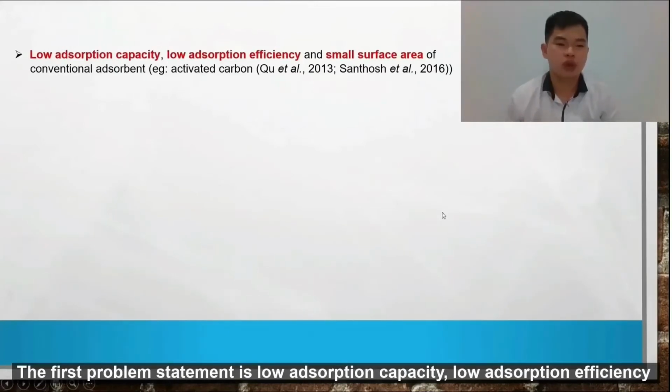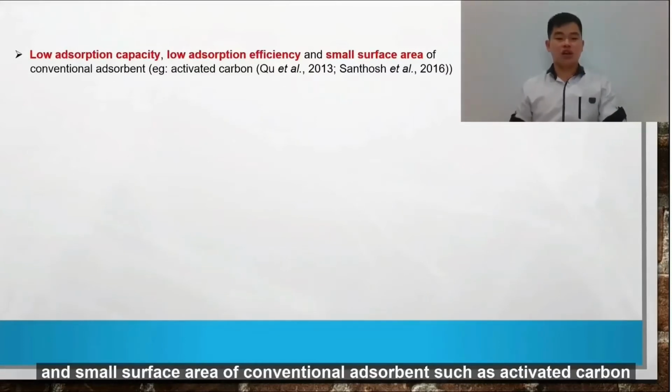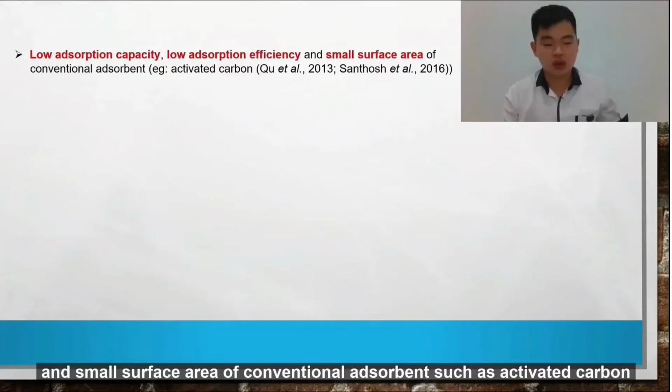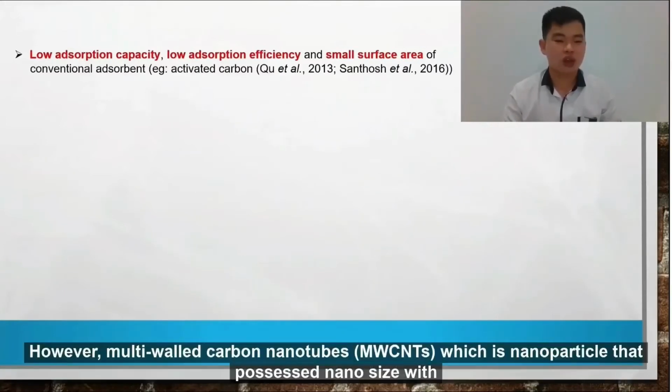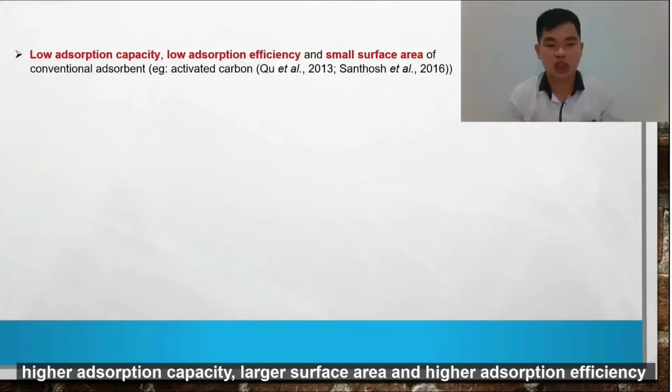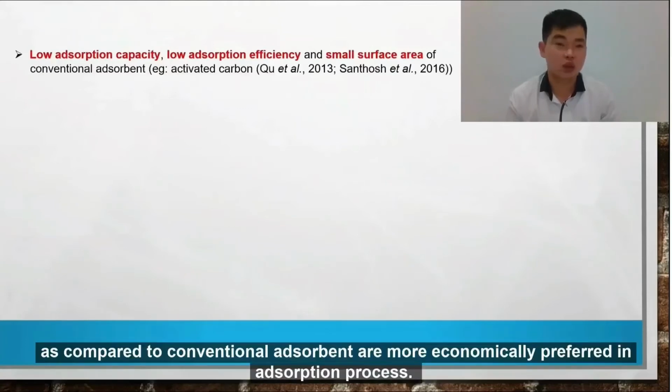The first following statement is the low adsorption capacity, low adsorption efficiency, and small surface area of conventional adsorbents, such as activated carbon, which diminish the economical feasibility of the adsorption process. However, multi-wall carbon nanotube, which is a nanoparticle that possesses nanosize with higher adsorption capacity, larger surface area, and higher adsorption efficiency as compared to conventional adsorbents, is more economically preferred in the adsorption process.